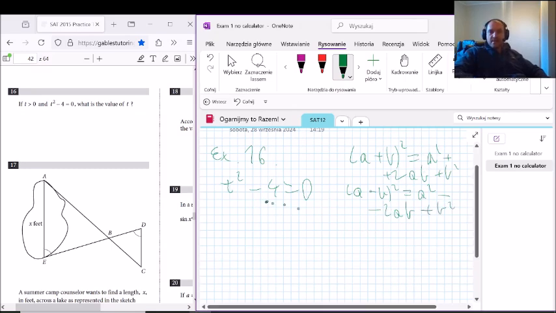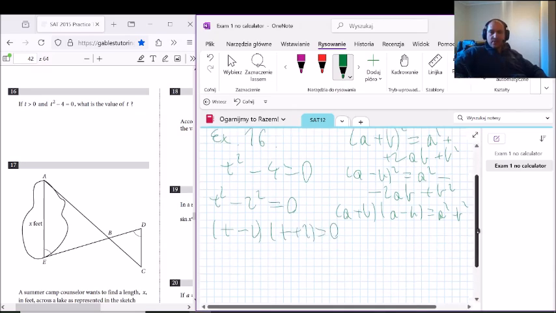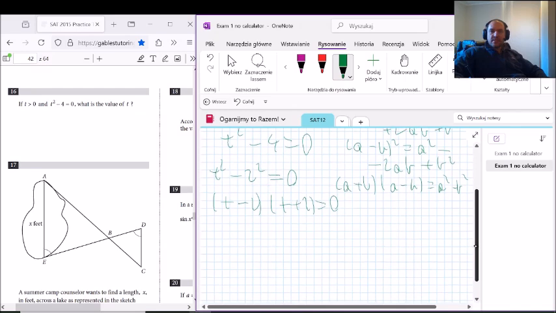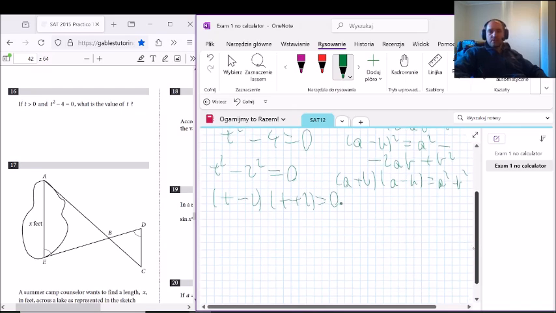And the last one, the one that we will use, is (a plus b) times (a minus b) equals a squared minus b squared. And here I can see t squared minus 2 squared equals 0, which is the same as (t minus 2) times (t plus 2) equals 0. And what can we see? We have a multiplication that gives us a result 0.